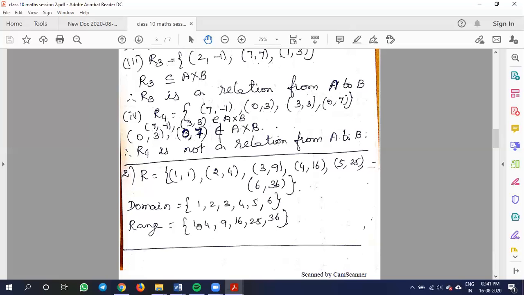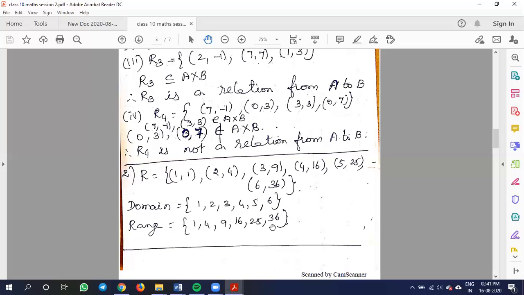Now what is the domain? You have to take the first element: 1, 2, 3, 4, 5, 6. What is the range? You have to take the second element: 1, 4, 9, 16, 25 and 36.